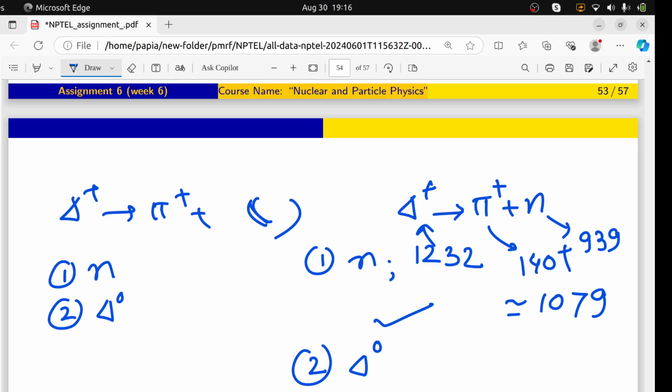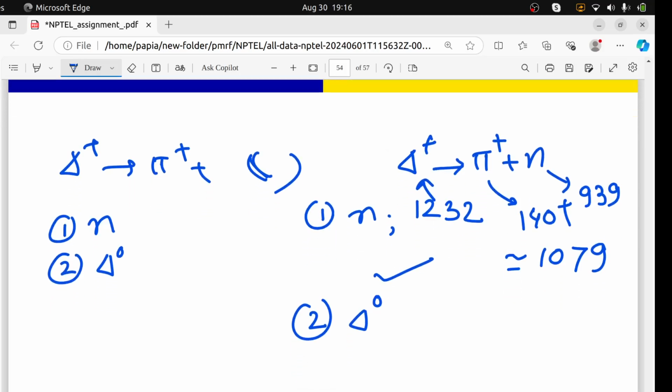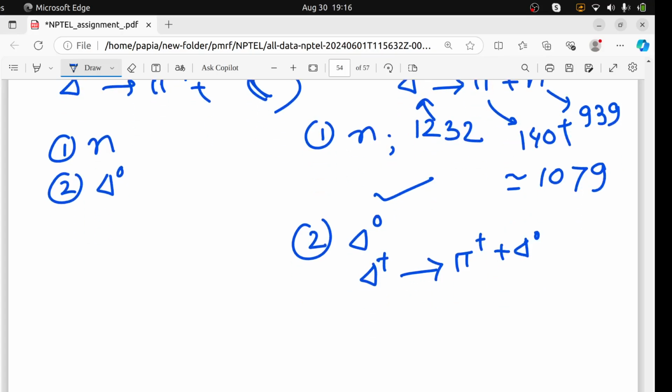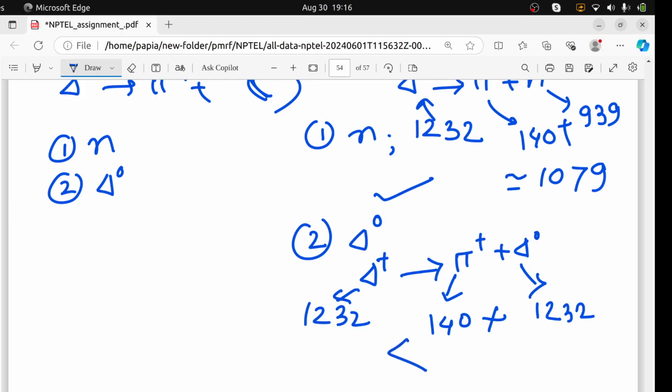Now coming to delta 0. If delta 0 is the particle, then delta plus going to pi plus plus delta 0. Delta plus has mass 1232, pi plus has mass 140, and delta 0 also has a mass of nearly 1232. Obviously there is a little bit of difference from 1232, but nearly 1232. But if I add these two, that is greater than this one.